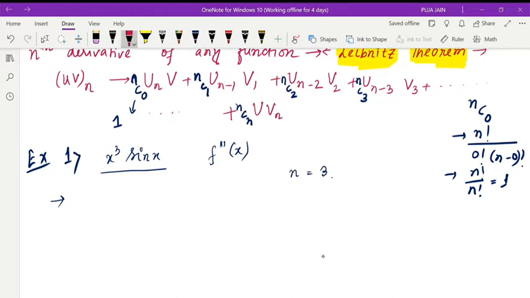So u, that is our first function x cube, its third derivative. You can write it in the subscript, you can also write it in the superscript. It depends upon you.